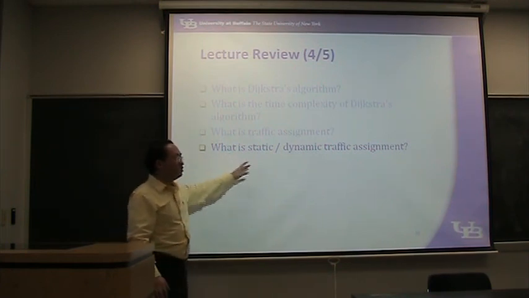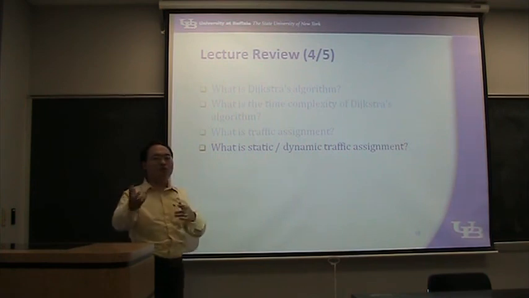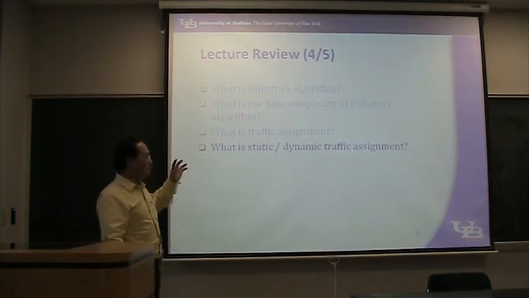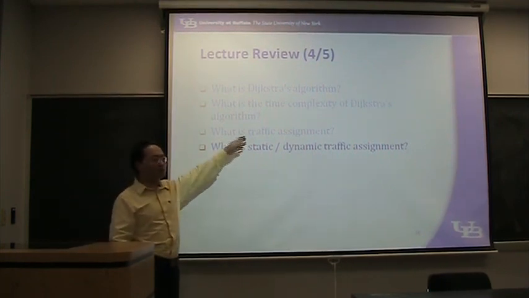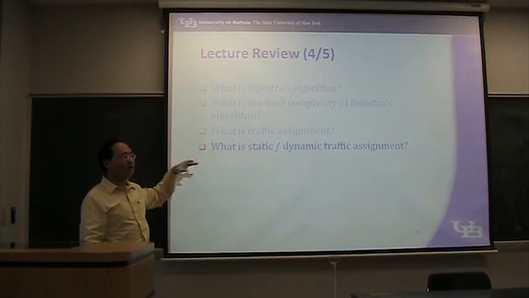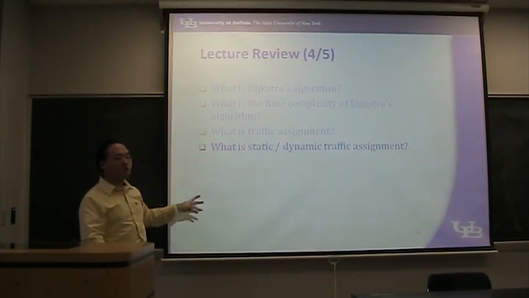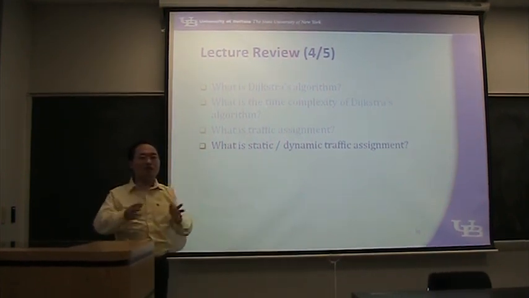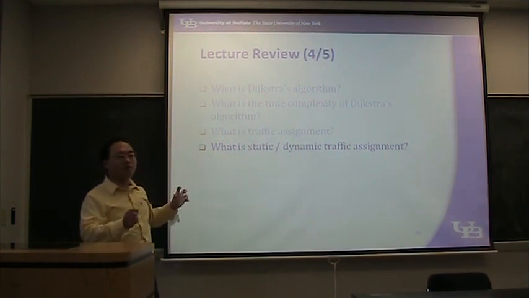So in the static traffic assignment, you assign the path to a trip. And the result of your assignment is that you have a trip starting at this location, and it uses this path, and it ends at another location. But this trip only has a start time and end time, which means between the start time and end time, this path is occupied by this trip.